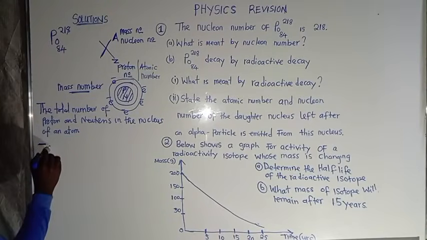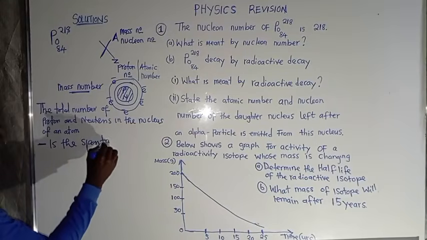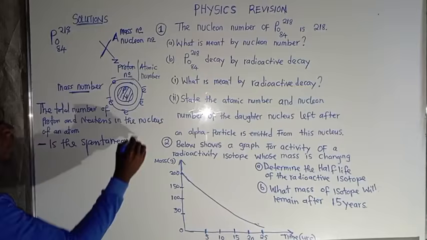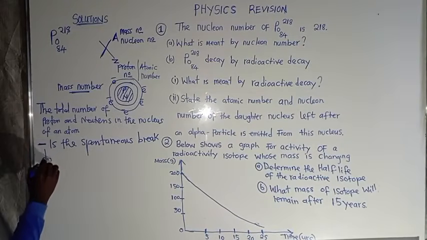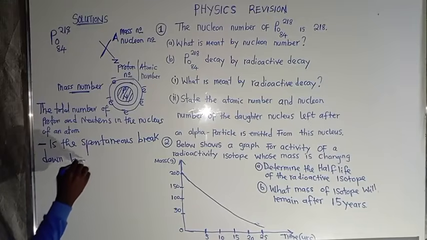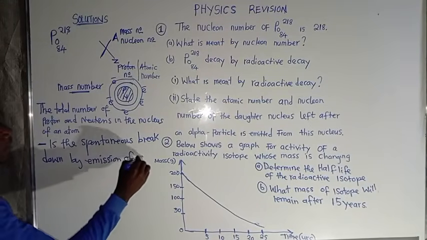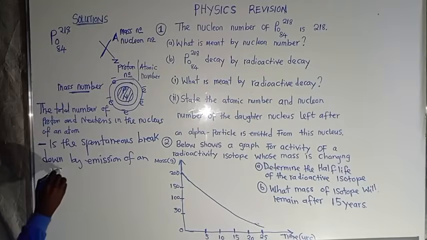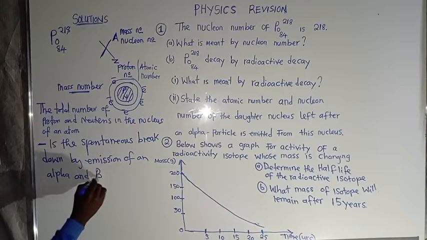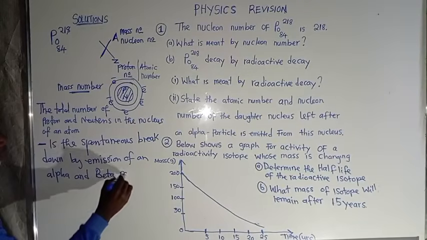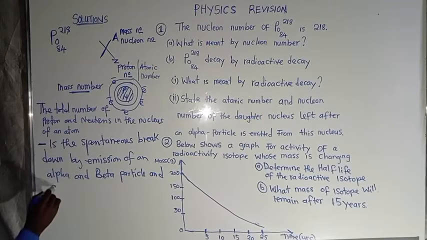Now radioactive decay is the spontaneous breakdown by emission of an alpha particle, by emission of alpha and beta particles, and gamma radiations.